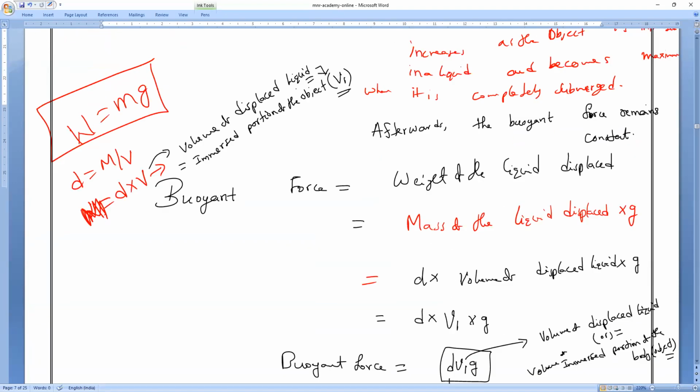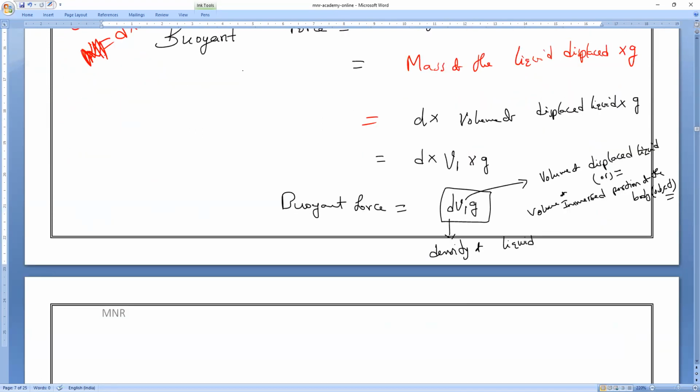What is the principle behind the manufacturing of a ship, boat, and all? Archimedes' principle. Archimedes' principle: the upthrust experienced by a partially or completely immersed object is equal to the weight of the liquid displaced.